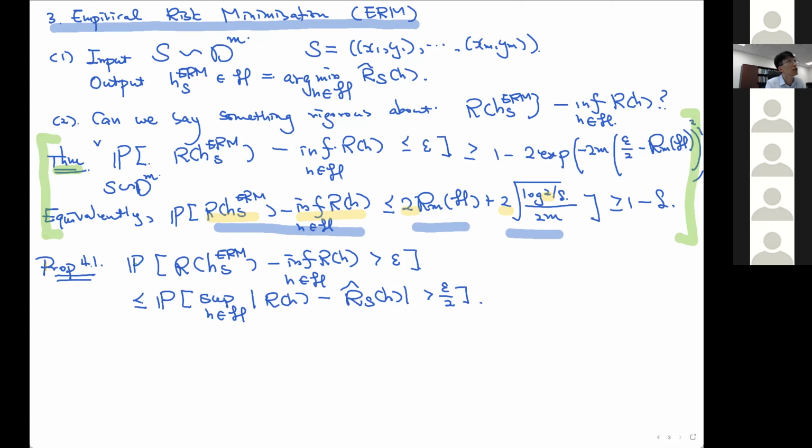But here's what I want you to do. Try to use this proposition to prove this theorem. Okay, I will give you 5 minutes to do so. Let me show you a form that's a bit easier to use, a form that's a bit easier to prove. It's the opposite case: it's greater than epsilon, and that is bounded above.